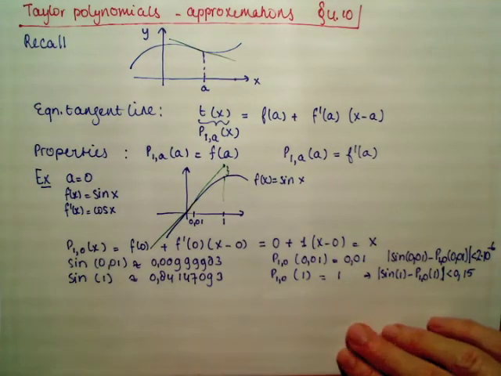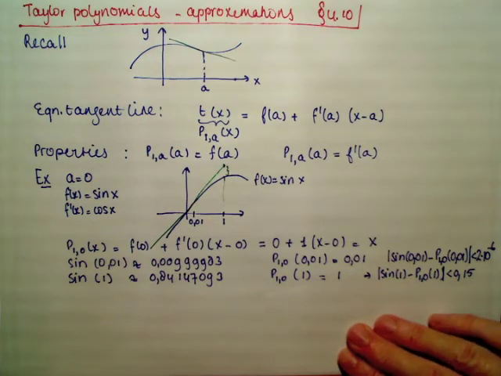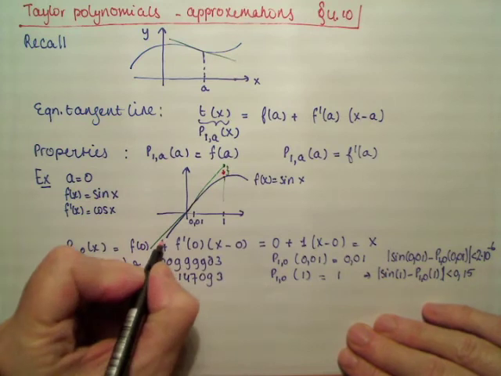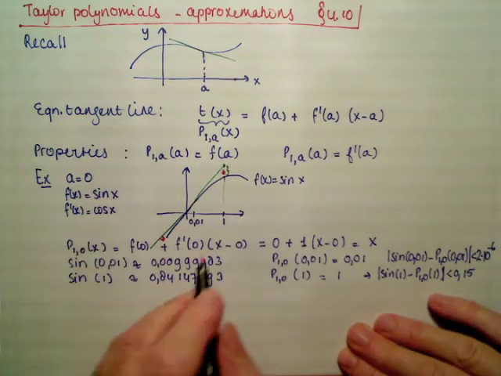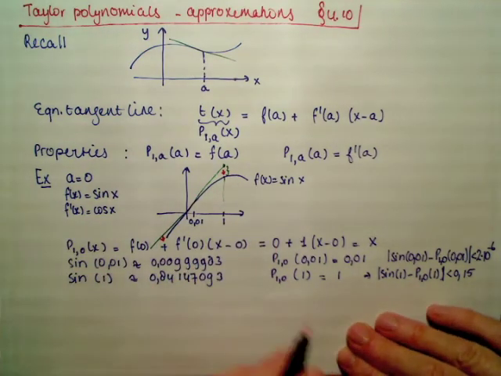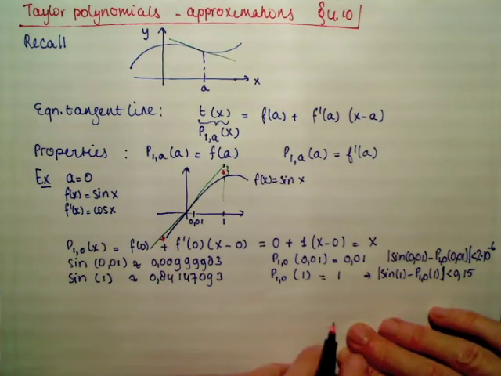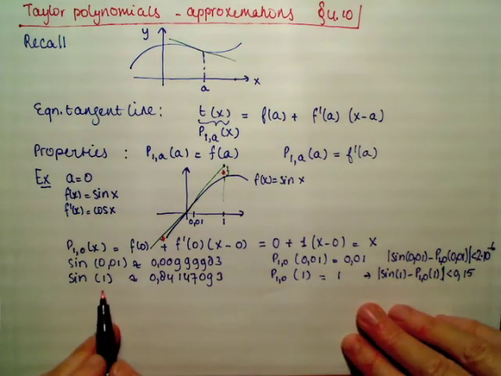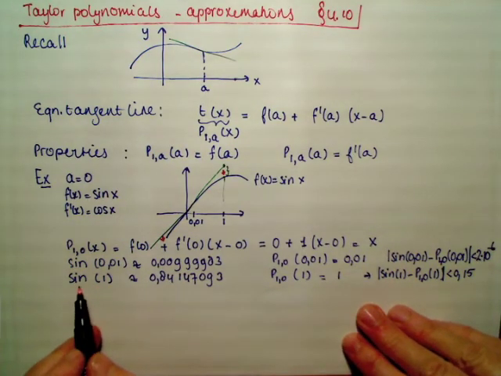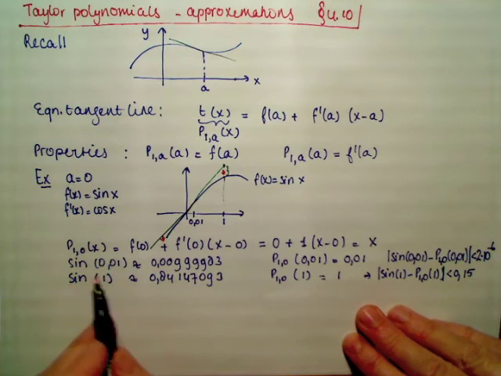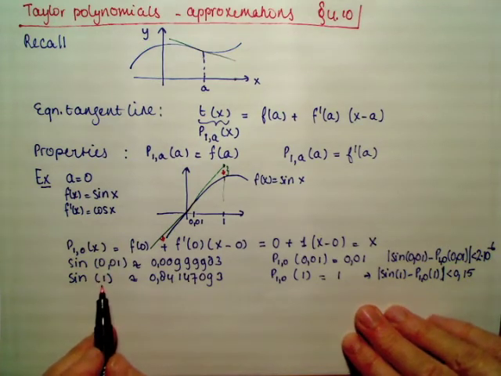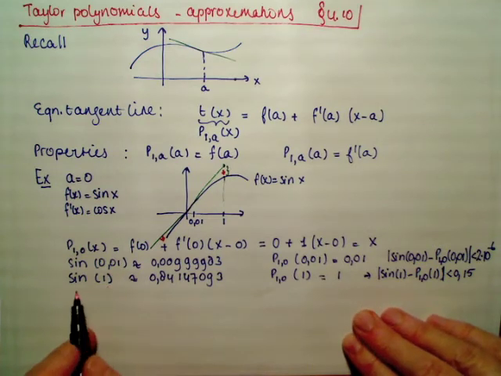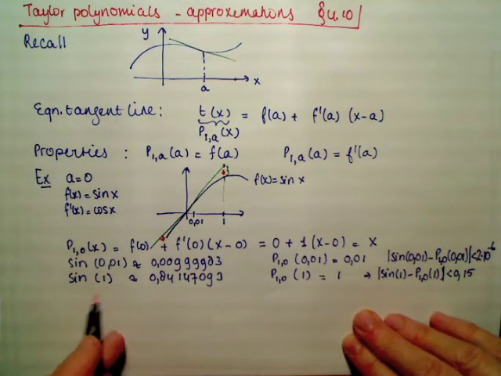Now what we would like to do is somehow bend this tangent line a little bit, so that it will approximate the original function a little bit better. Why would we want to do that? Well, clearly, as you can see from these formulas, it's very hard to determine the exact value of sine of 1. And if you plug in sine of 1 in your calculator, you do get an answer.